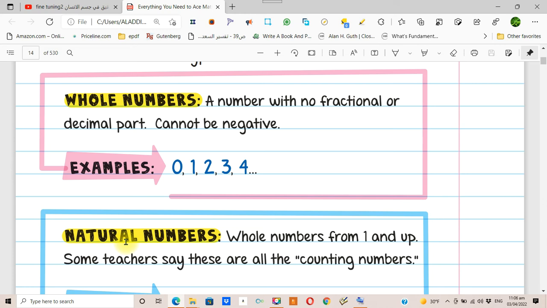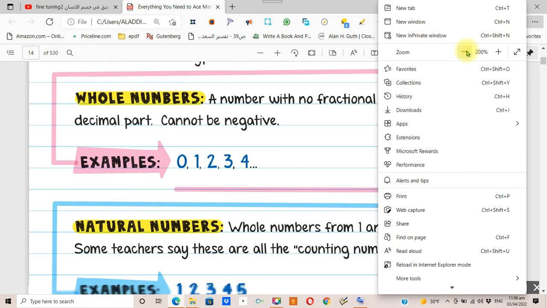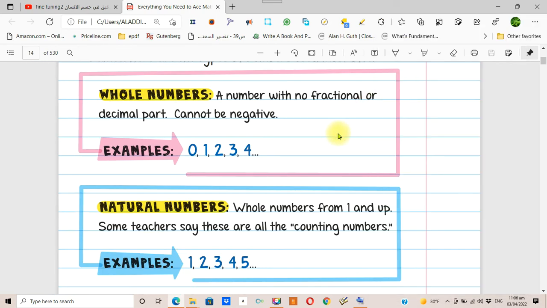I think this is enough for this video. You gotta know those two things in this video. Whole numbers: 0, 1, 2, 3, 4 and so on, 5, 6, 7, 8, 9, 10, and it goes on to infinity.